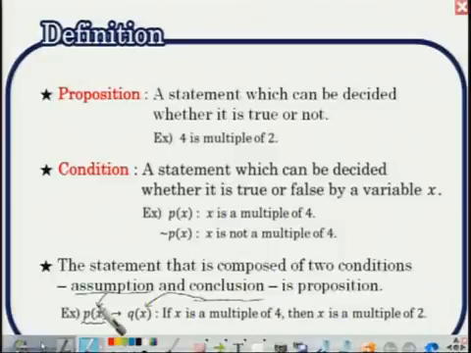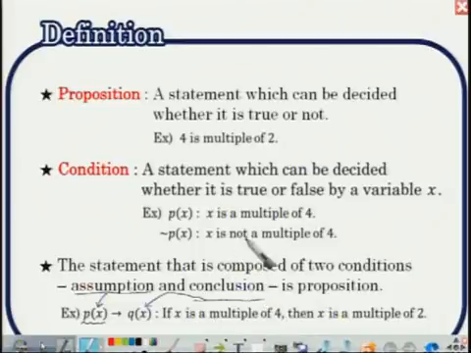The example p(x) to q(x) is written in English like this: if x is a multiple of 4, then x is a multiple of 2. So is this right? This is false, but you can tell it is false, so it is a proposition.